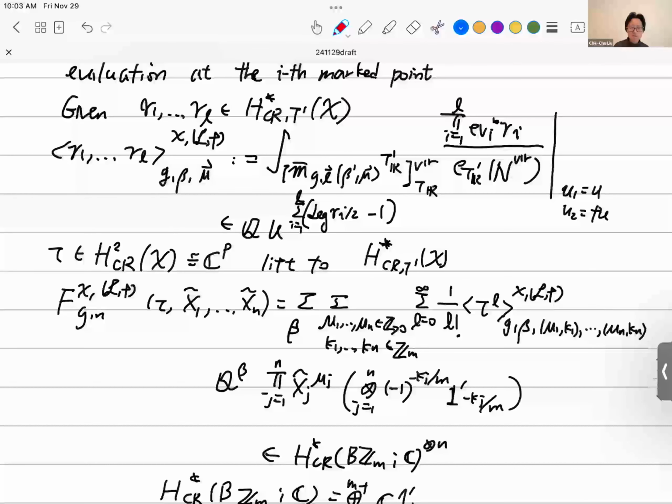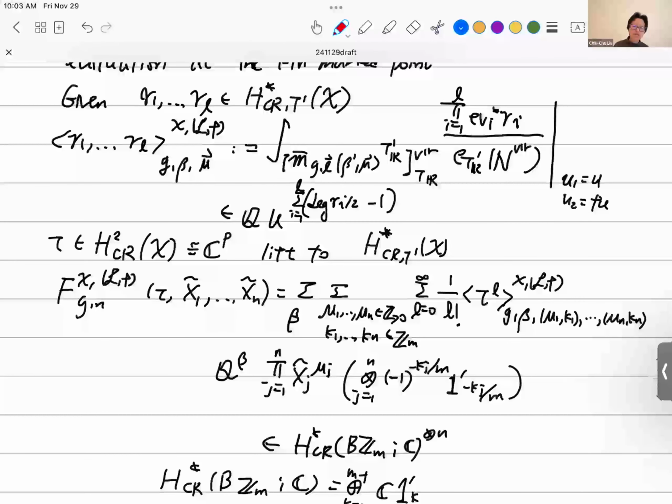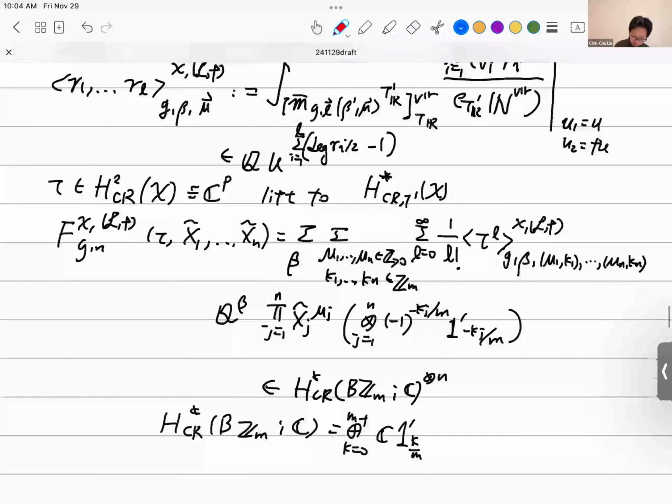So we sum over all degrees, and we sum over all the winding numbers. The winding numbers are kept track of by the xj tilde, and we also want to keep track of the monodromy.